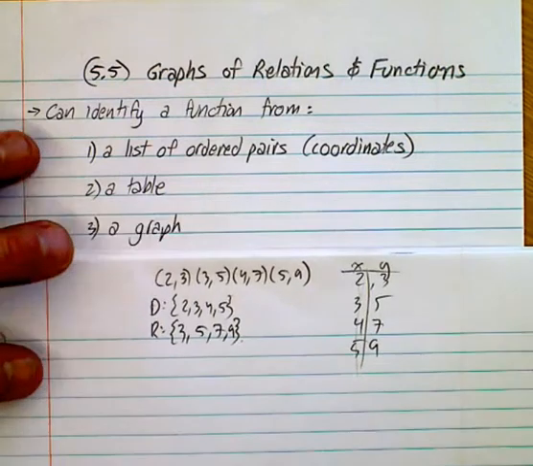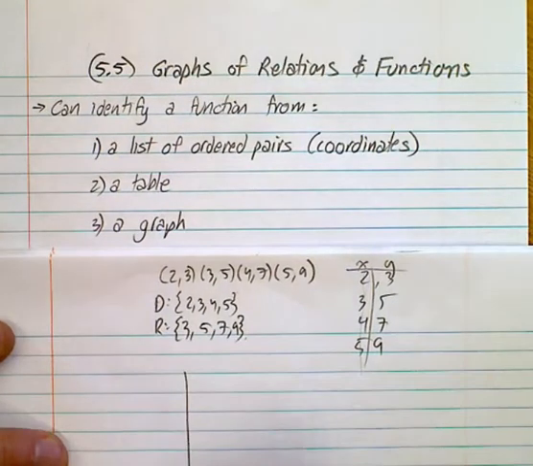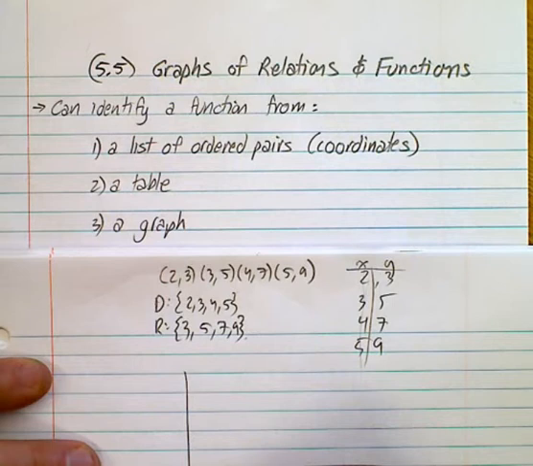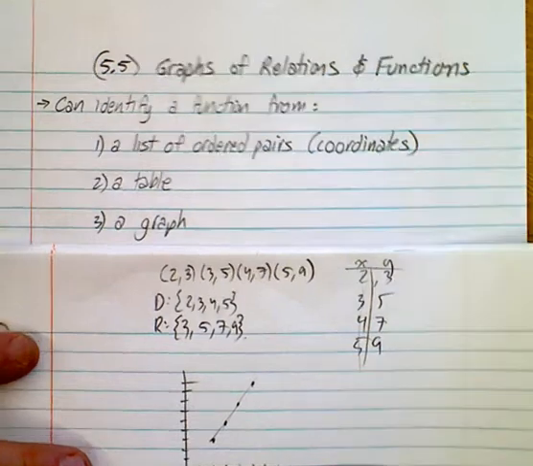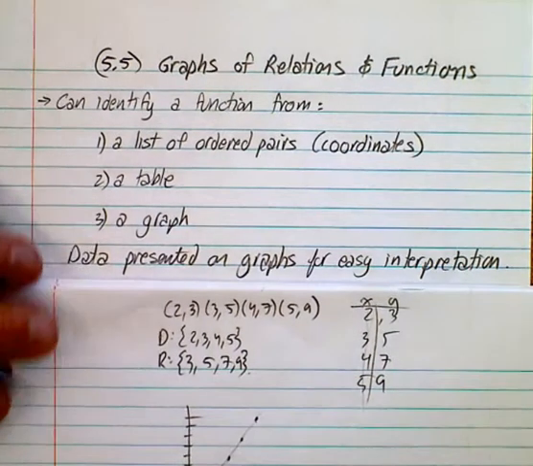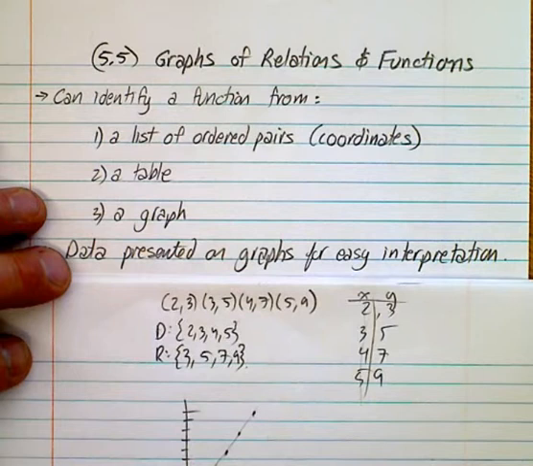Now, if I looked at a graph here and plotted these things up, if x was 2, y is 3. If x is 3, y is 5. If x is 4, it's 7. If it's 5, it's 9. You can see that you will also have a function there, and I'm going to show you quickly how we can tell it off of a graph relatively easily.